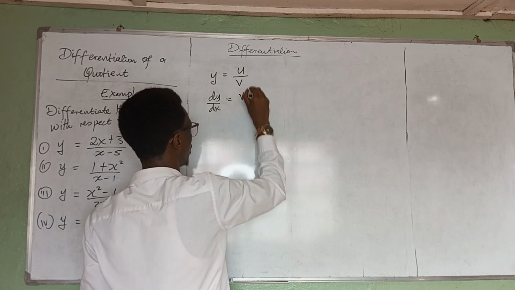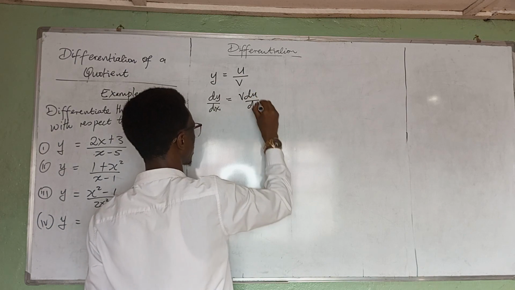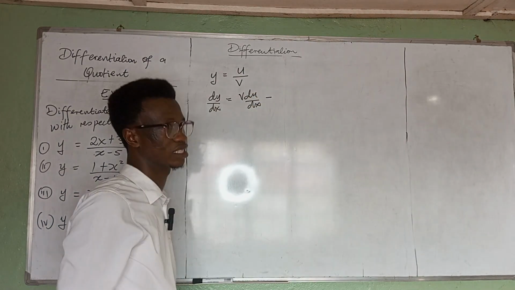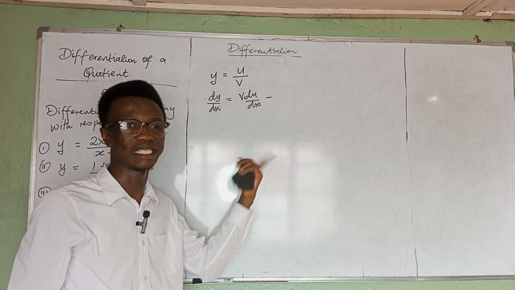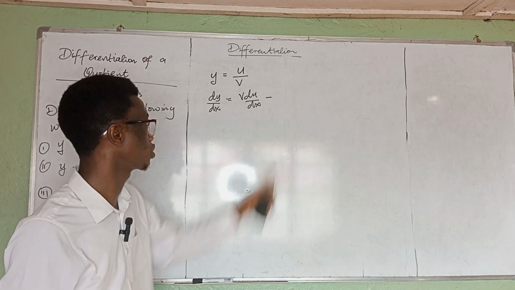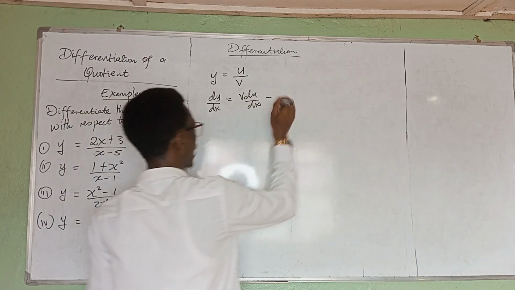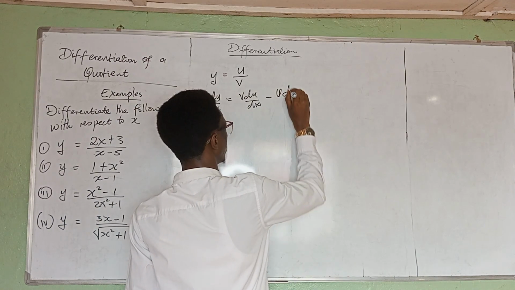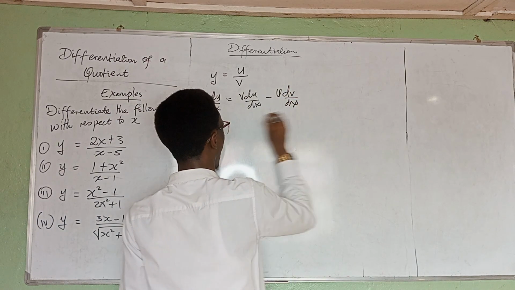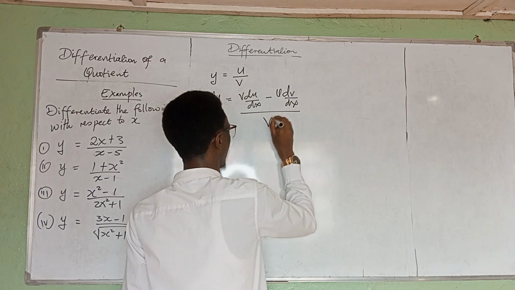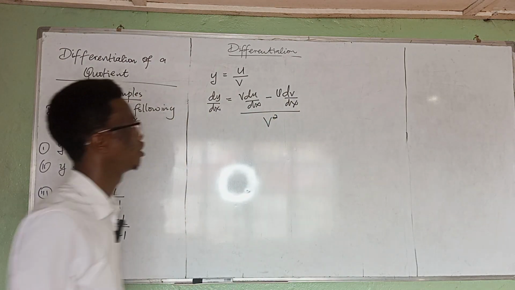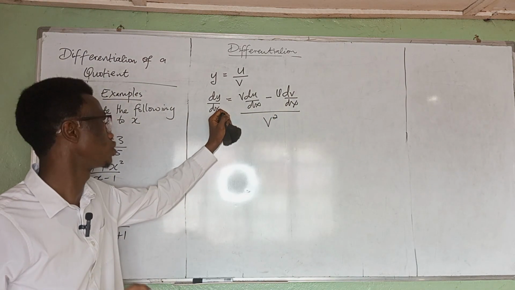So it's going to be v du by dx minus, so that's the difference between this and the product rule. In the product rule you add here. Then minus u dv by dx, and again you divide everything by v squared. So basically, this is the formula you have to use.